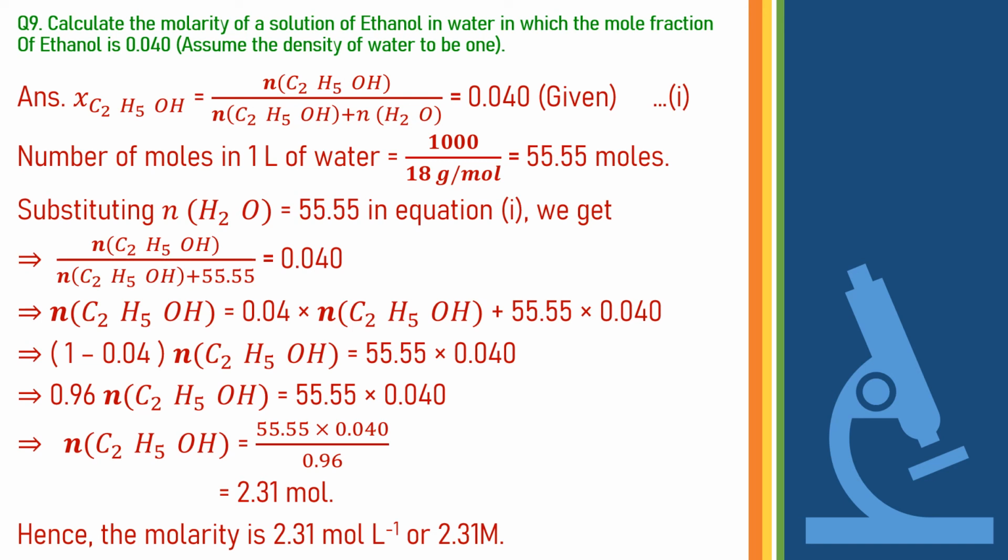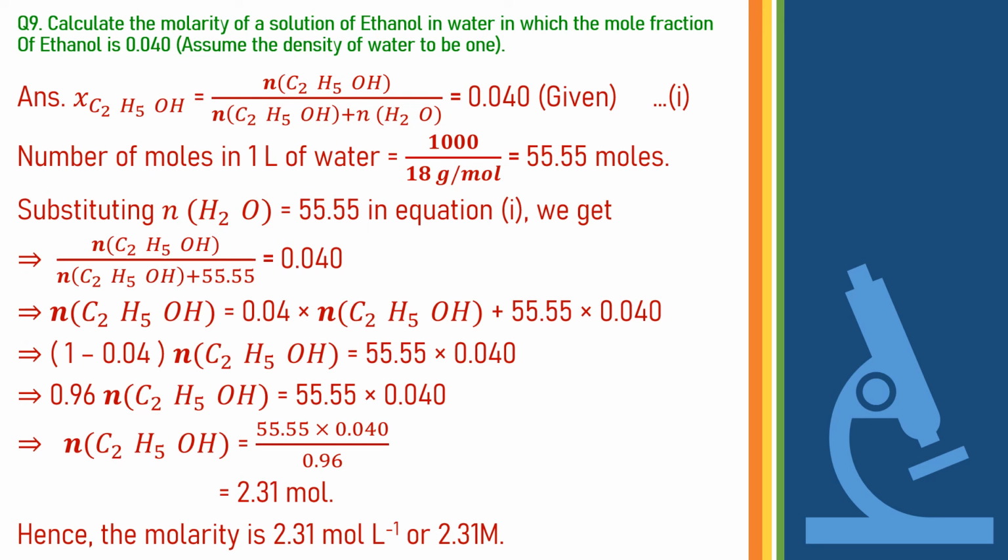Now, calculating it, 0.040 will be multiplied by each term of the denominator. Then we take N C2H5OH, the number of moles of C2H5OH, common. The first term of the right hand side comes to the left hand side, so the coefficient is 1 minus 0.04, multiplied by N C2H5OH, which equals 55.55 multiplied by 0.040.